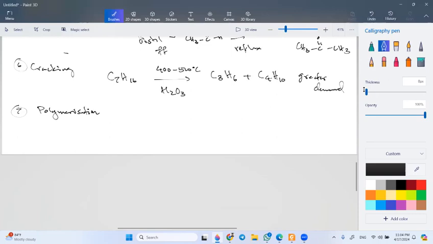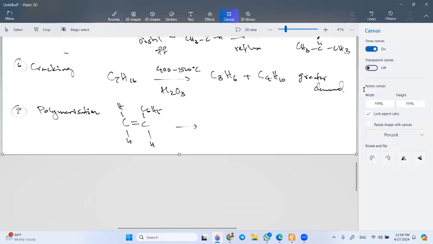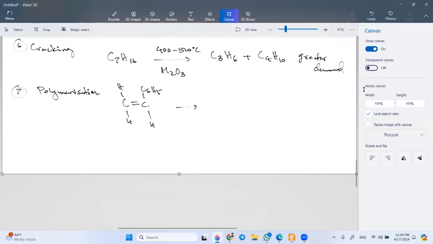Seventh one, polymerization. In polymerization, what happened? We have a double bonded molecule. It can be any groups attached to this thing, right? So when you apply high temperature and pressure, this small group is called monomer, right?